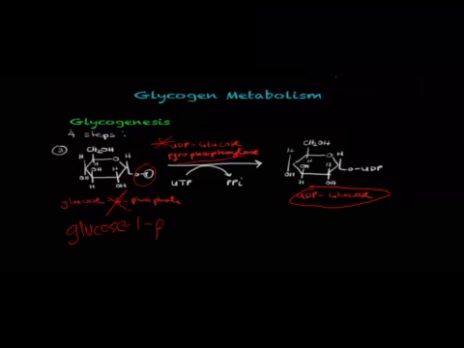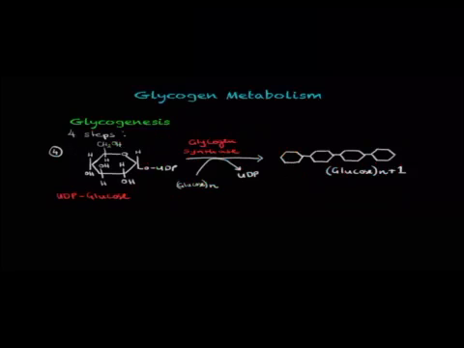And what that does is it takes uridine triphosphate, and it cleaves a phosphate group off of it, and we get uridine diphosphate, which is the energy source that in the next step is used to add it on to a growing glycogen molecule. So that's the third step here.